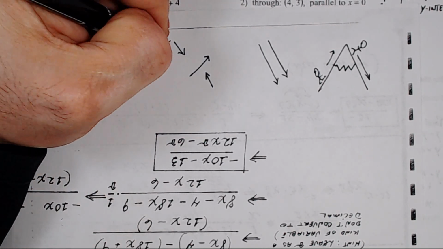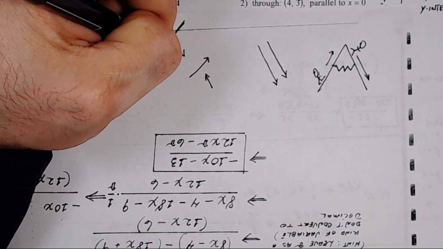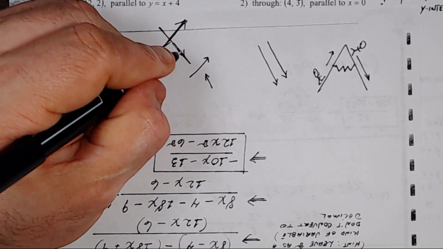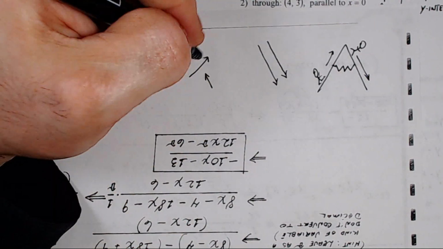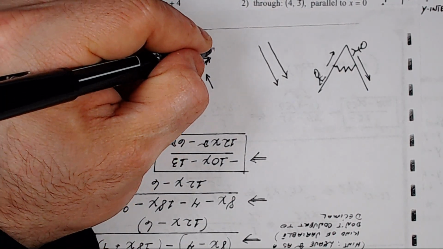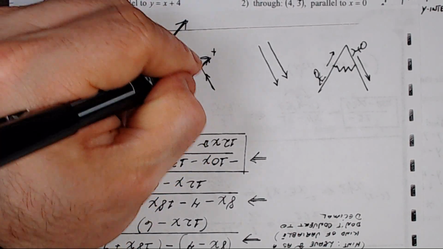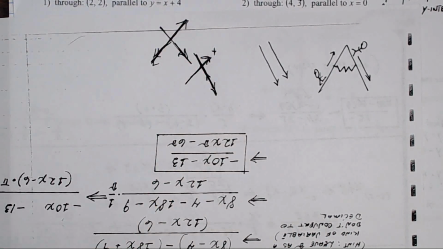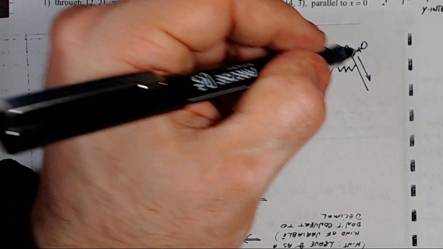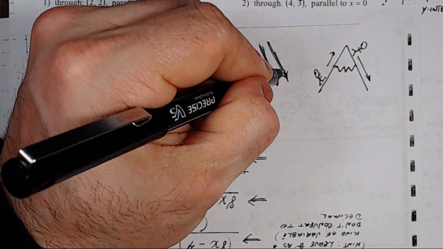And actually, this slope here is not negative. I misspoke. That's a positive slope. It just happens to have the arrow pointing down, and then here's a negative slope. So that's why those aren't parallel. These slopes are also different. Here's a positive slope, and even though that arrow is pointing up, here's a negative slope. These slopes are both negative because on the mountain, they would be on the right side of the mountain going downhill.